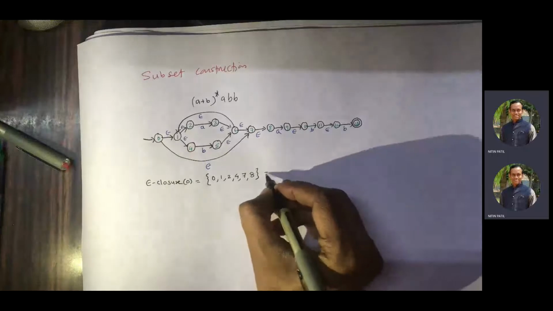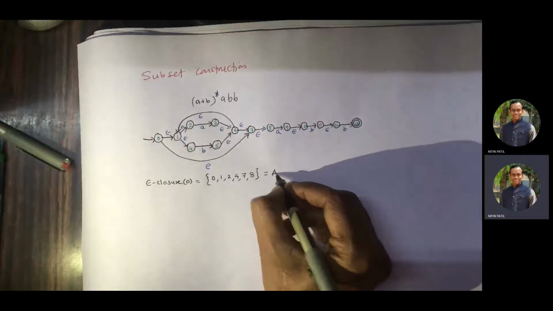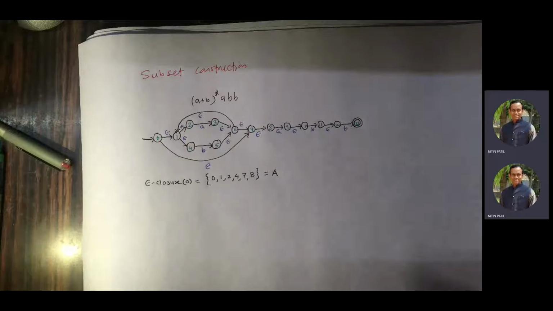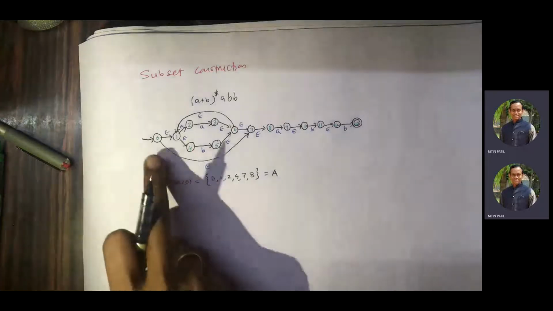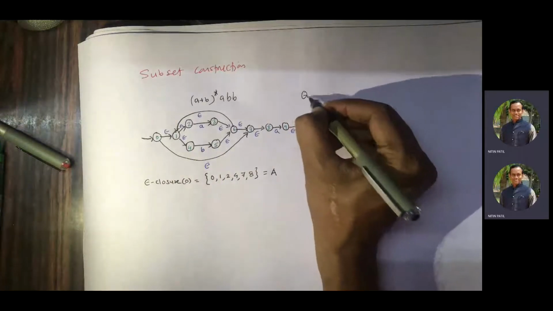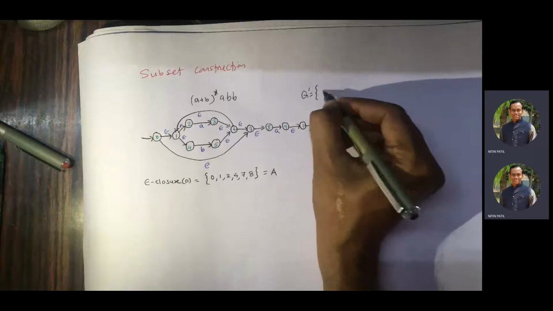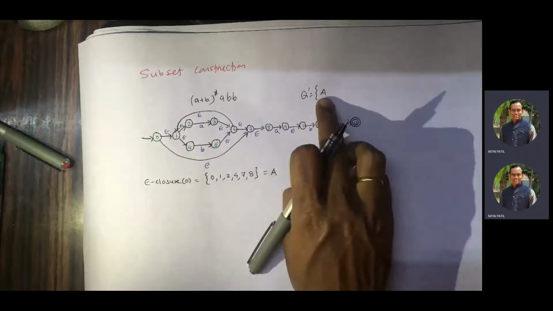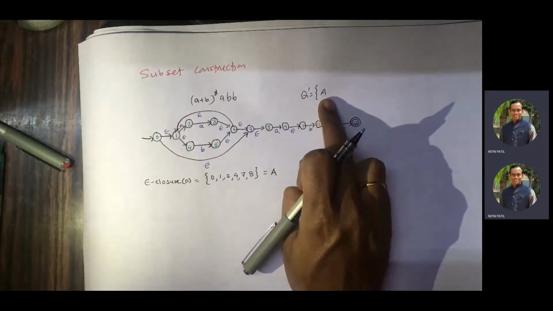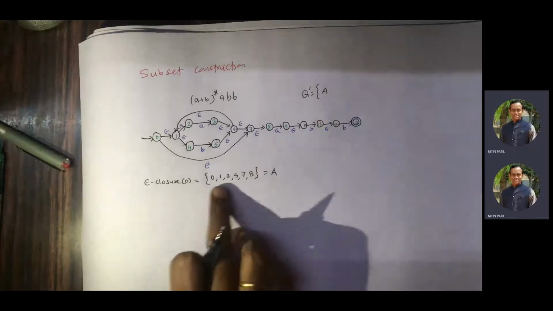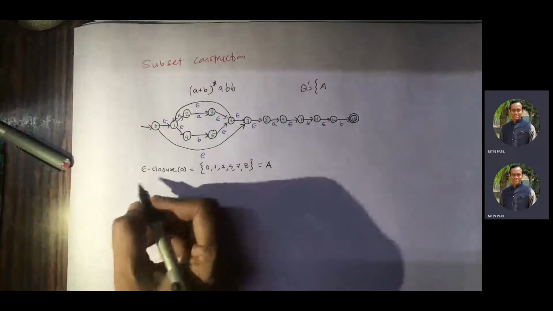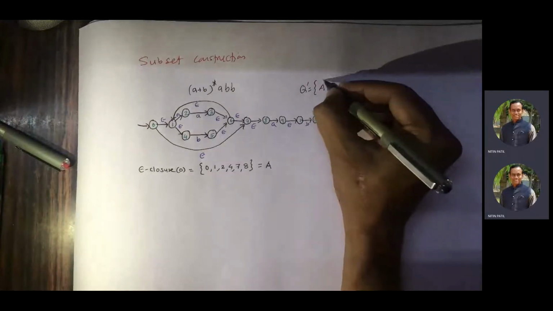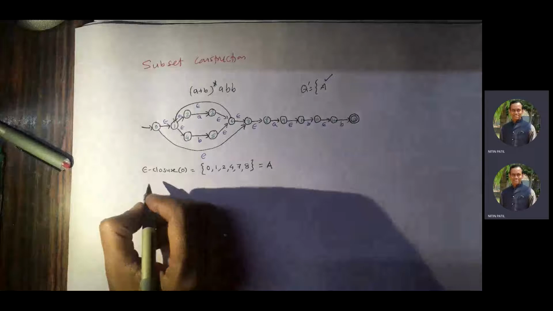Let me name this as state A. If I consider this to be the NFA, we know that there is a set of states, Q. Now we are constructing Q dash, so we'll be adding this A. Every state in this set of states would be represented like this. So you have now this. Now you choose this one and mark A.